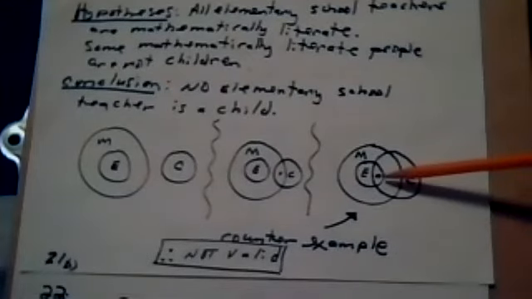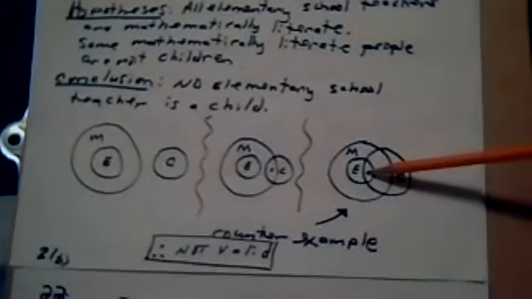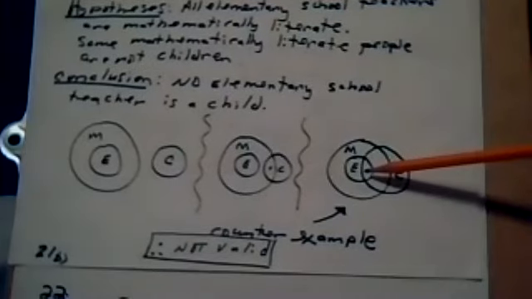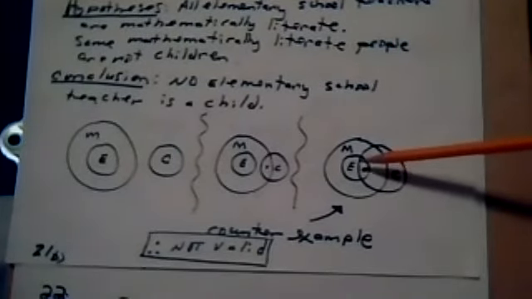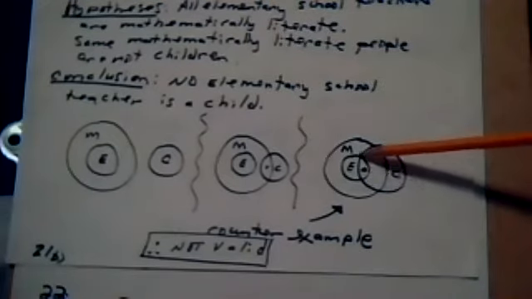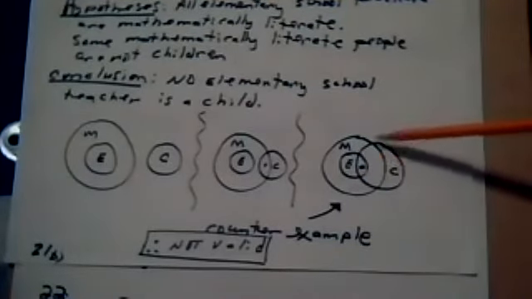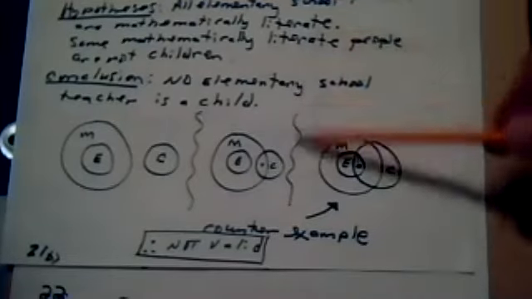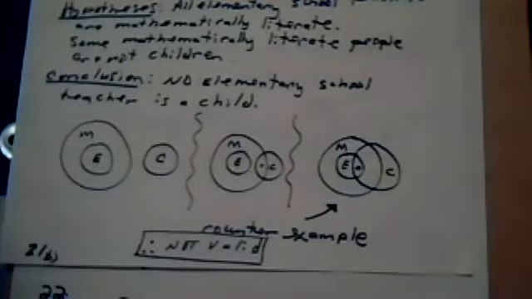The hypothesis is true, but the conclusion is not, because the conclusion should have been no elementary school teacher is a child. But right here we found one that's an elementary school teacher and is a child. Since we found one exception, one counterexample, this argument is not valid.